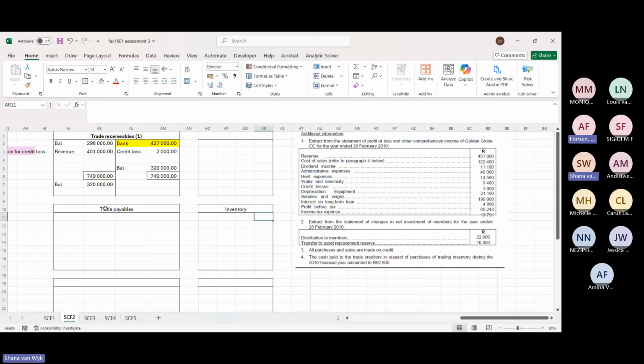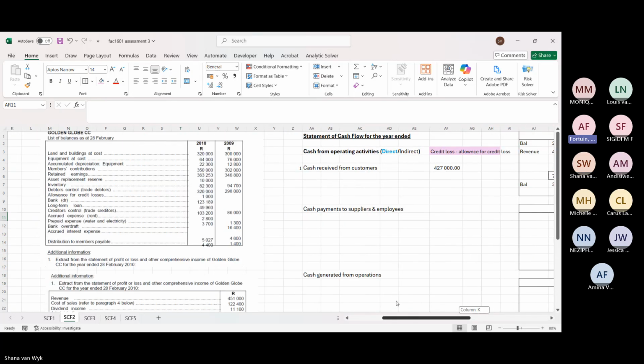Are you doing cash paid to clients now? I'm just working down this table. Go back to that first.